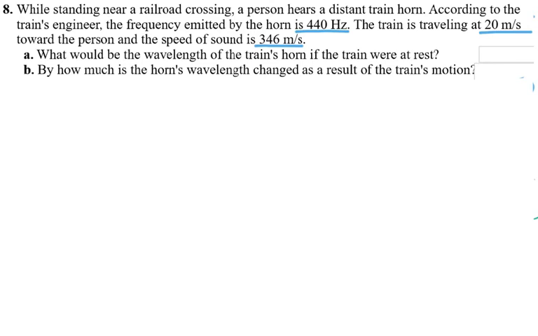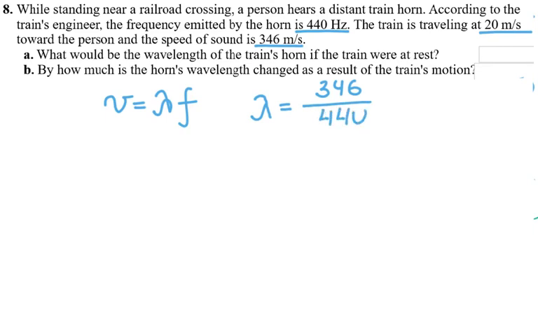If the train was at rest, the velocity equals the wavelength times the frequency. To calculate the wavelength, I divide the velocity 346 by the frequency 440, and that gives 0.79 meters.